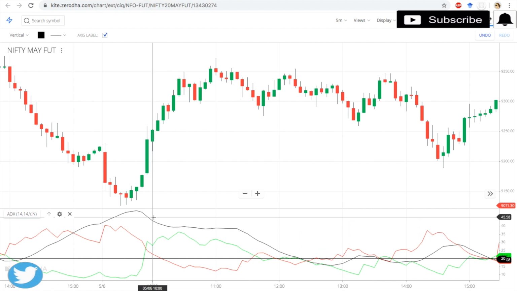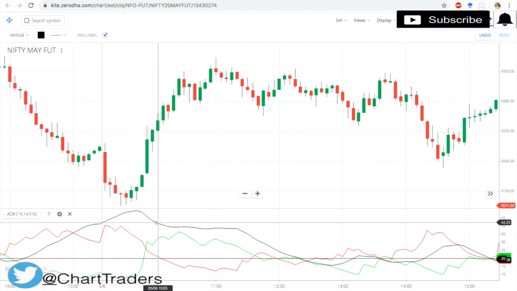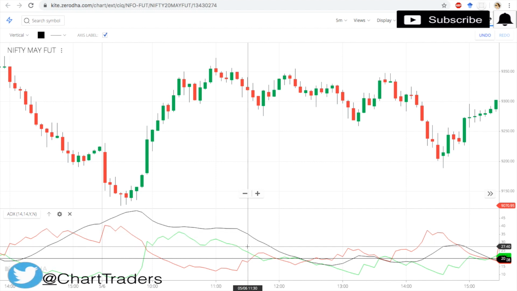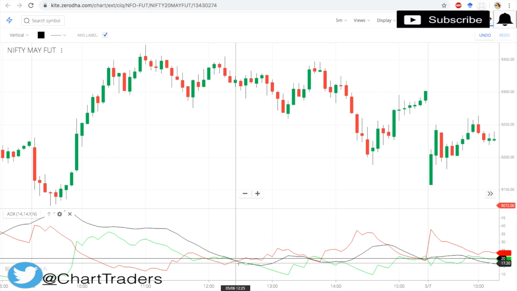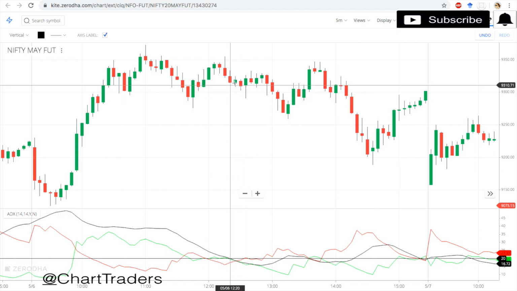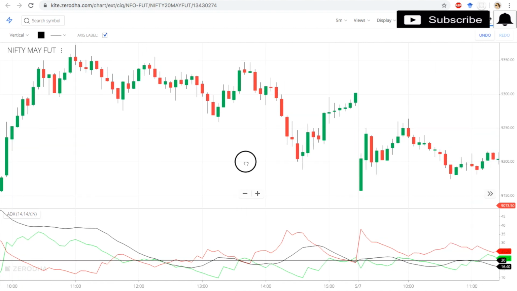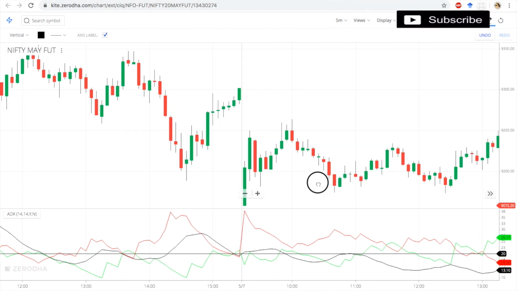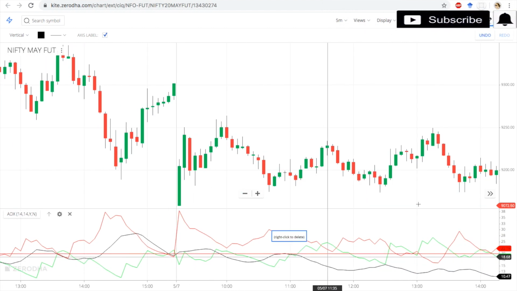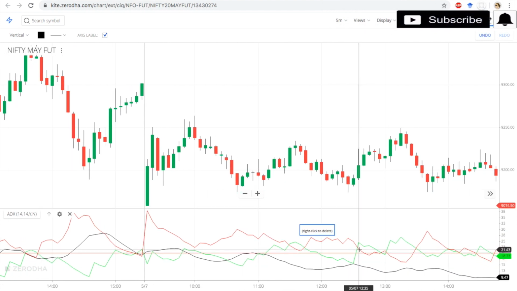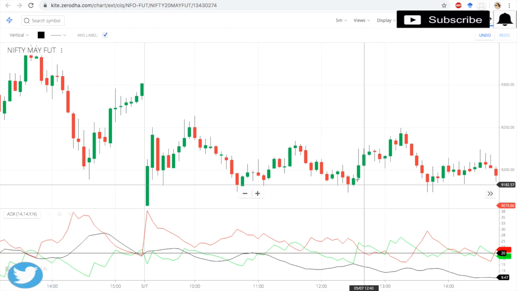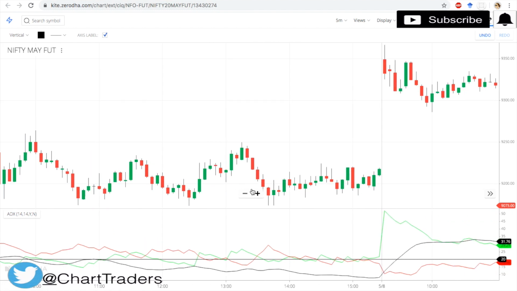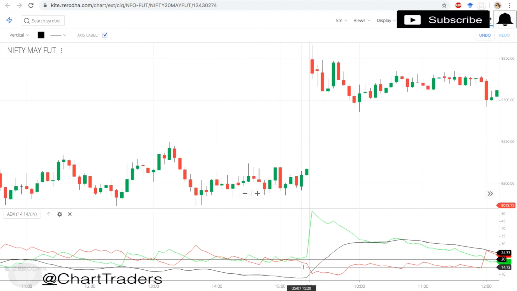So the ADX indicator measures the strength of the trend, and it is also used to identify false signals. For example, ADX is below 25, so we are not going to consider this crossover. At this point we are not going to sell. Any other false signals? Here also a crossover happened, but the ADX is below 25, so we are not going to buy here. Same way here.